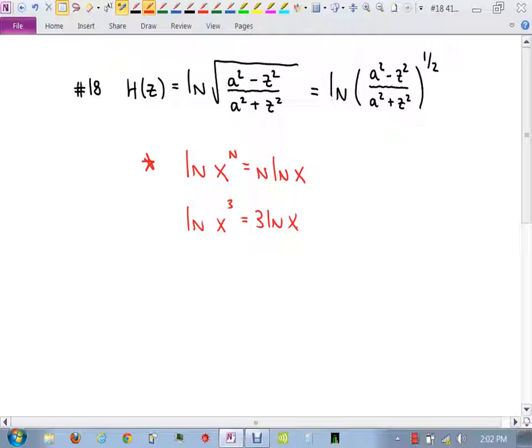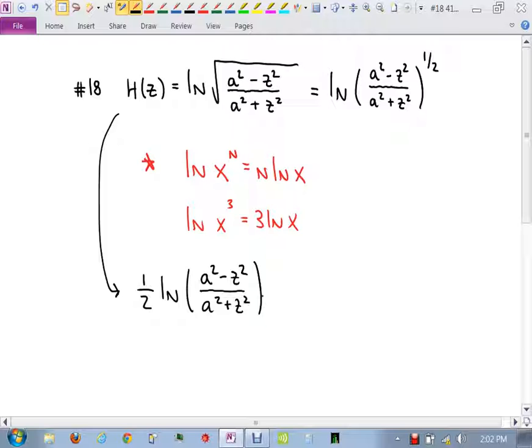So for us, the natural log of all that junk to the 1/2, what can I do with that 1/2? Pull it out front. And that's just going to make our differentiation a little bit easier. The 1/2 comes out. Now we have natural log, then we have the quotient rule in the natural log. But do you see that we're not going to have to worry about the square root in our differentiation? It's no longer part of our chain rule.